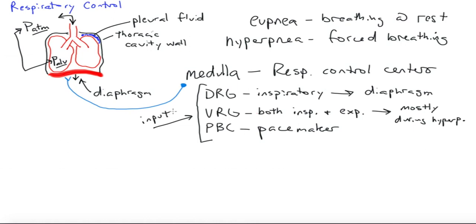In this case, these are the integrating centers. The medulla is the integrating center. So it receives this input and knows what that input means and if an adjustment should be made to solve the initial problem.